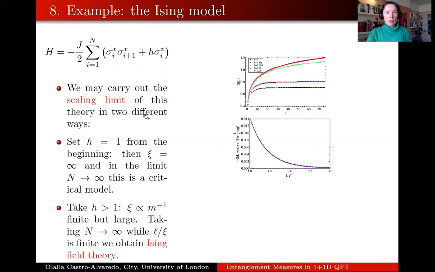And this is shown in these couple of pictures here. So you probably cannot read the labels very well, but it doesn't matter so much. Suffice to say that the picture on top is the entanglement entropy, the von Neumann entropy, as a function of system size. And in the legend, what we have are different values of h. And so the upper curve of all of them corresponds to h=1, which is the critical theory.